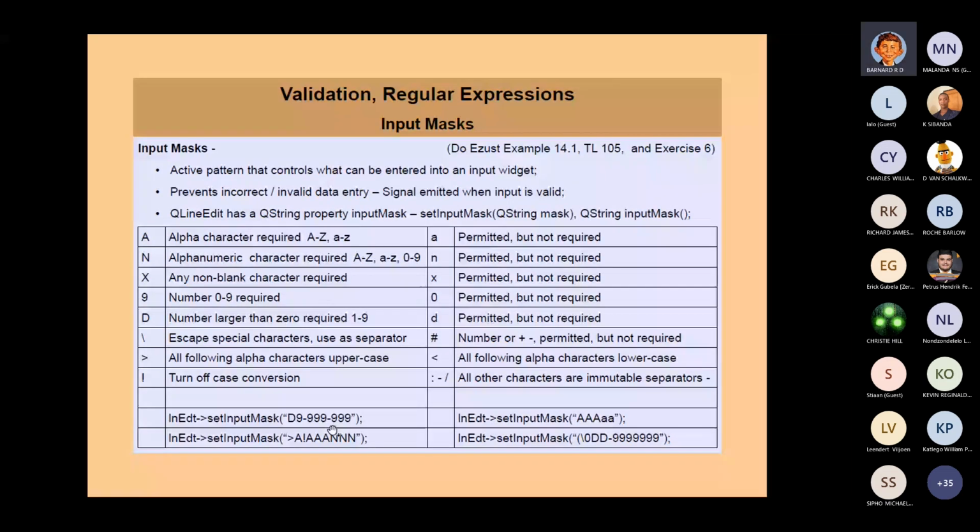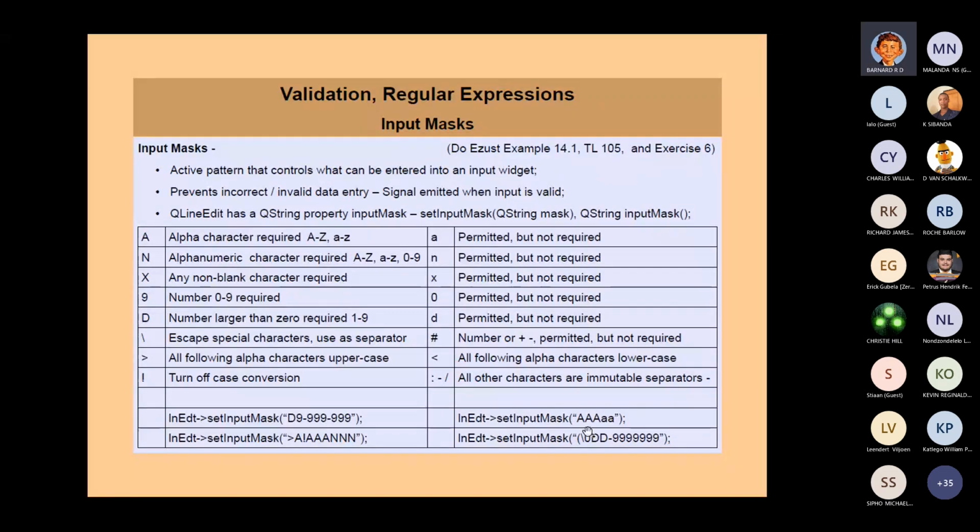And then there are 2 literal hyphens in there, just used as separators. So this input mask sets a non-zero digit for the first character, then some compulsory digits between 0 and 9, and then there are 2 literal separators in amongst there.